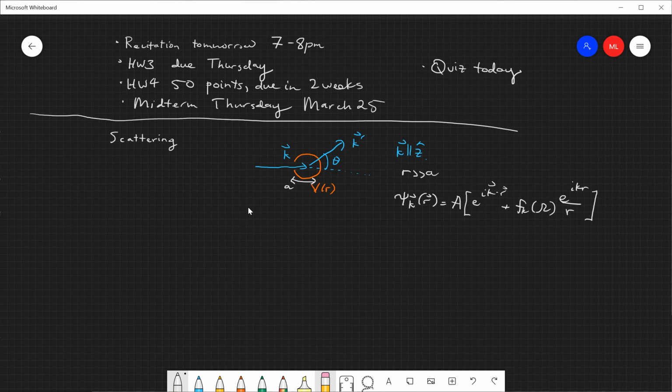Then we spent some time trying to understand the solution and how we can expand it using what we know about the Schrodinger equation. We know the Schrodinger equation has the following Hamiltonian. So we know that the Laplacian part, the kinetic energy in 3D, we should be able to diagonalize the angular part of it using the spherical harmonics.